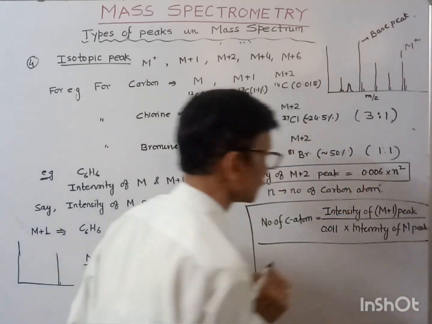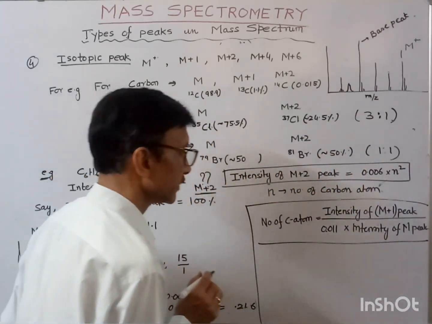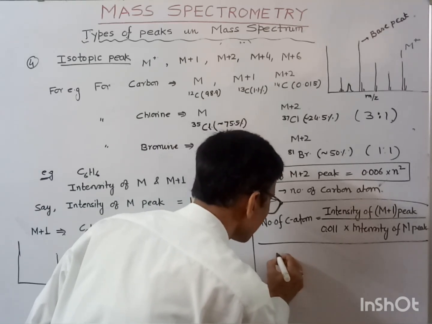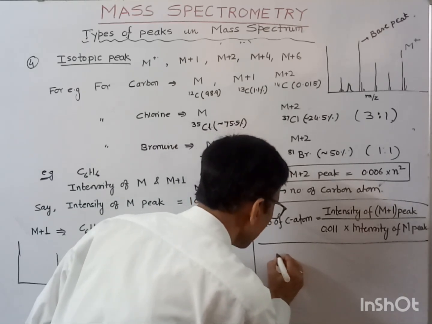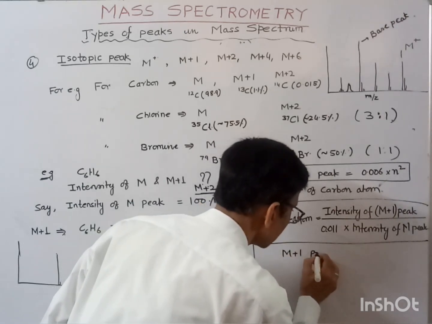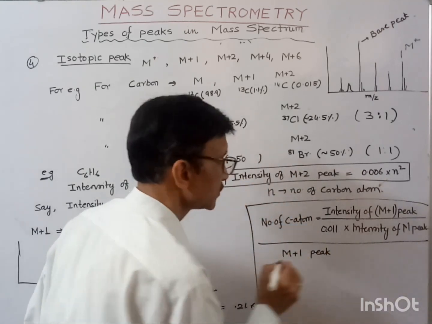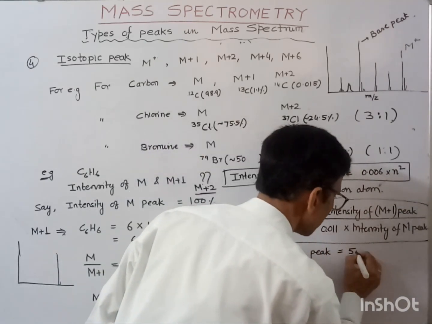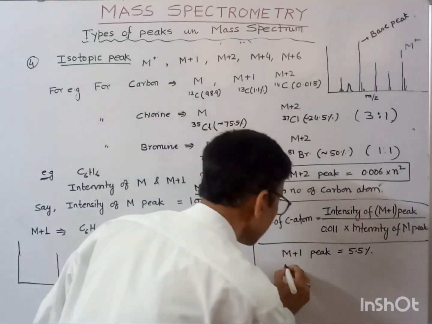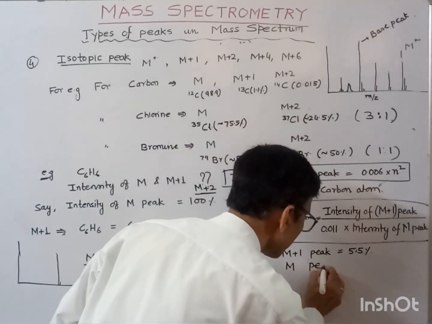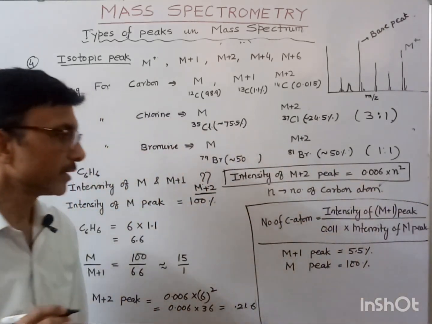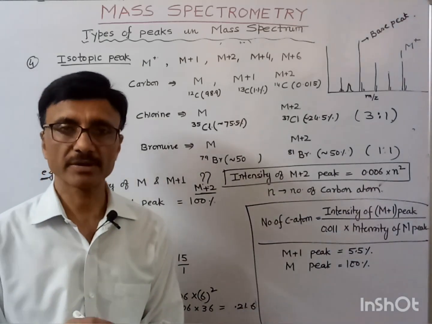Suppose by using this formula we want to find the number of carbon atoms, and we know from the spectrum that the intensity of the M plus 1 peak is 5.5%, and the intensity of the M peak is 100. These two intensities are given.